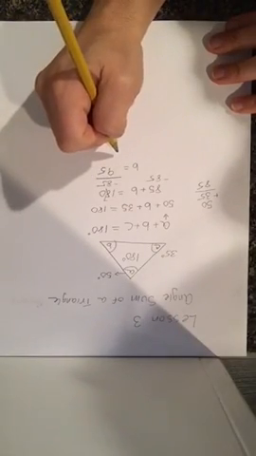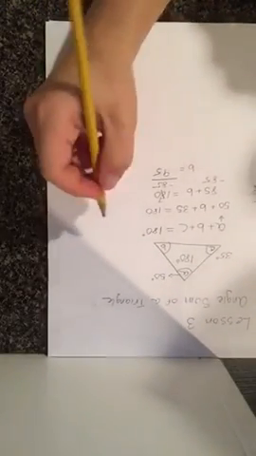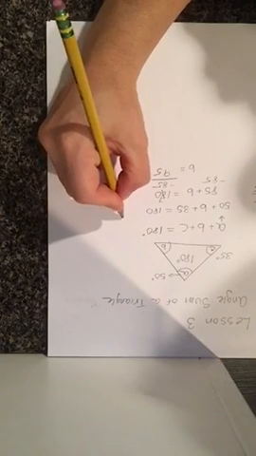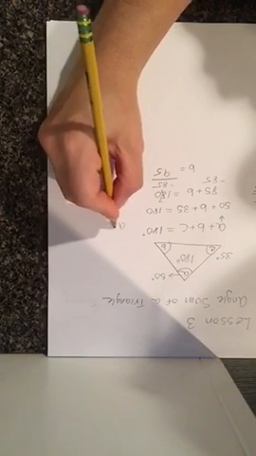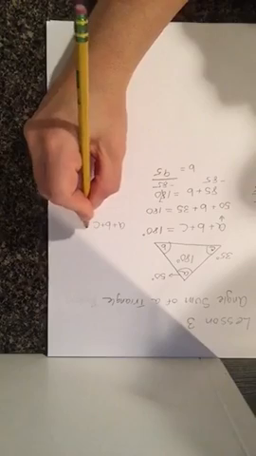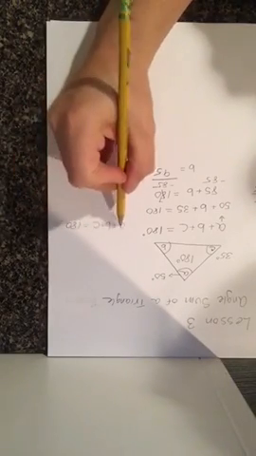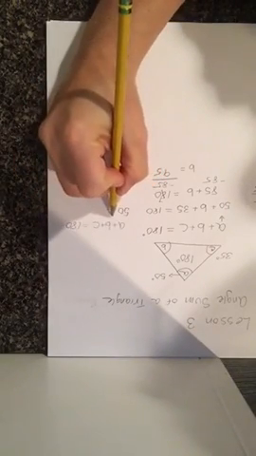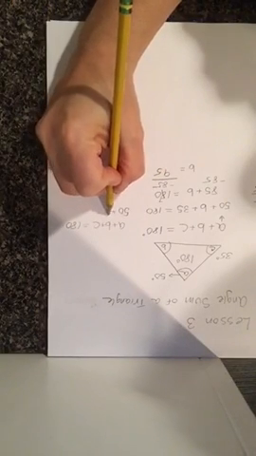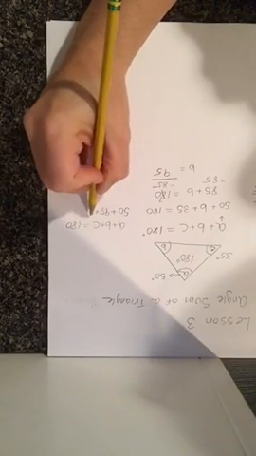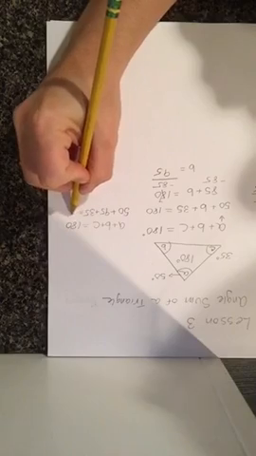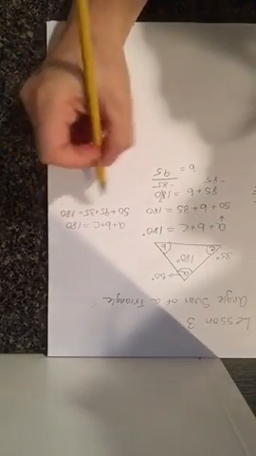Now let's see if this is accurate. We need to test it. So we're going to plug in for A plus B plus C equals 180. Let's substitute in for A, 50, plus B, which is 95, plus C, which is 35. And let's see if that adds up to 180 degrees.